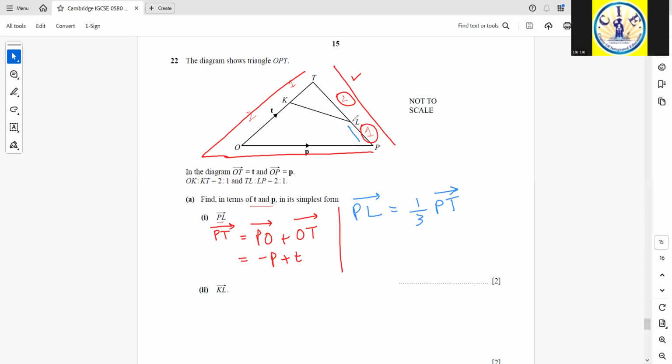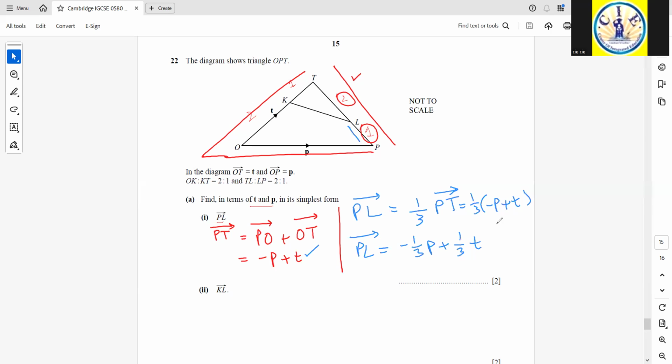So that would be 1 by 3 times negative P plus T. So PL is negative 1 by 3P plus 1 by 3T. That is the answer to the first part.